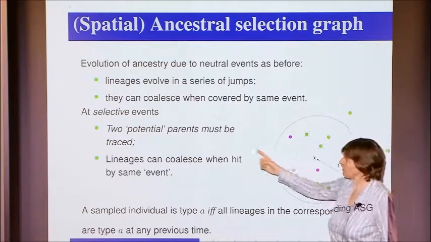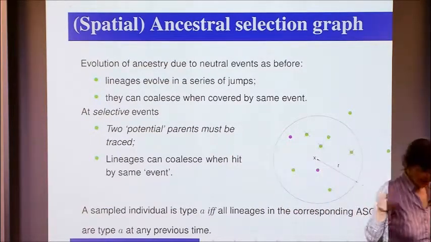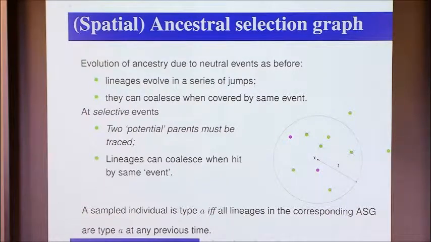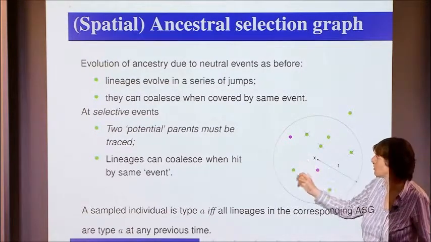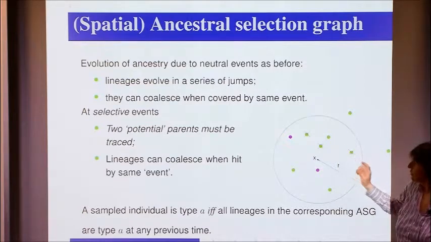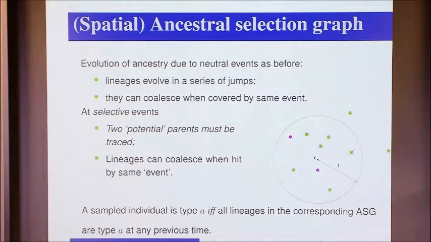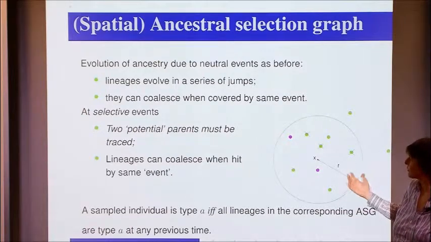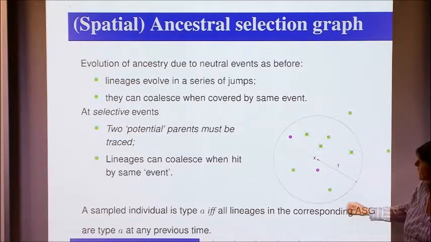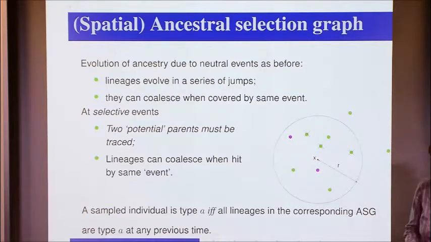But at a selective event, suppose I'm just looking at a single lineage, I can't decide which of the two potential parents I picked is the real parent unless I know their types. And to find out their types, I'm going to have to trace further back in time until I've got some idea what the distribution of types in the population is. So what I do, entirely analogous to the ancestral selection graph that Krone and Neuhauser introduced in the absence of space, is that when I get to a selective event, I follow two potential ancestral lineages.